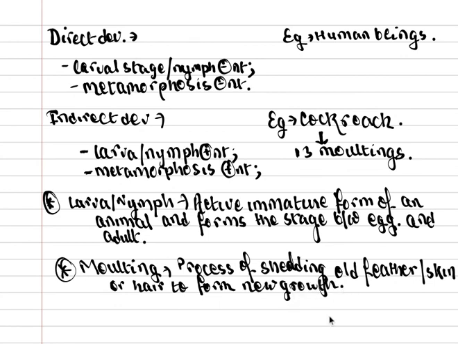For forming these new larval stages, they undergo molting. Example, cockroaches undergo molting. Prawn is another example that also undergoes changes of the outer part.